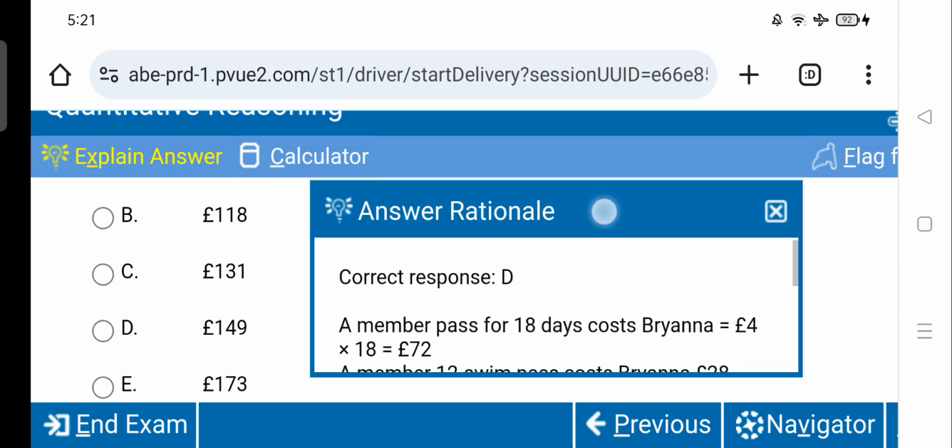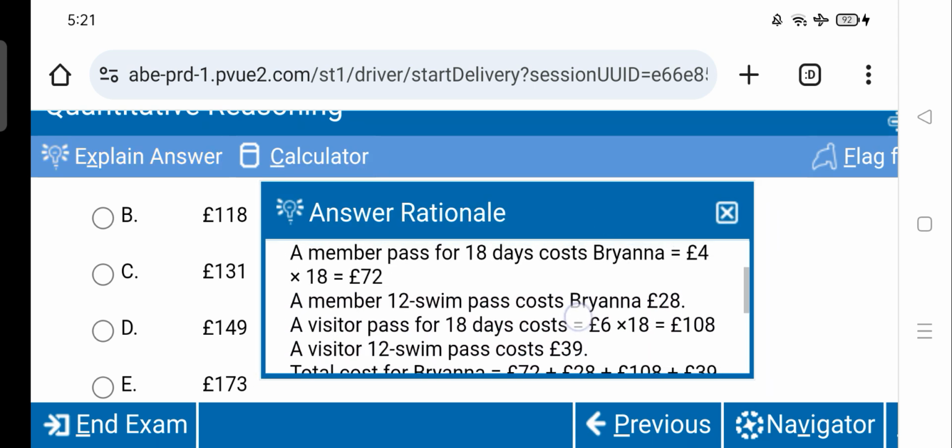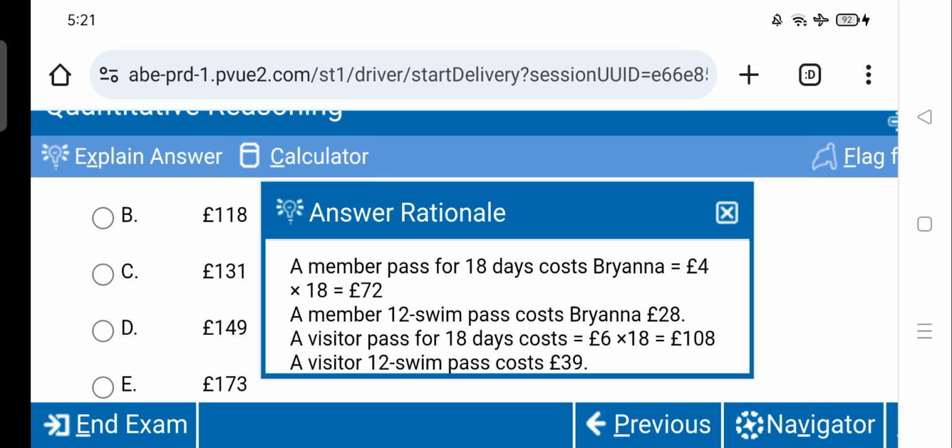So the correct response is option D. A member pass for 18 days costs Brianna 4 pounds multiplied by 18, which equals 72 pounds. A member 12 swim pass costs Brianna 28 pounds.